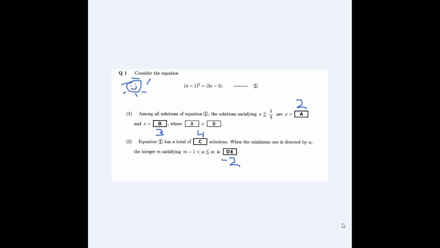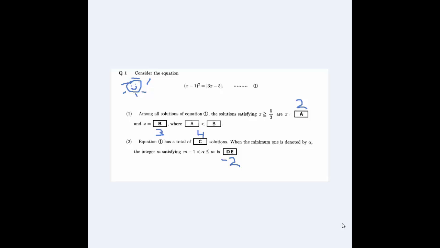Okay, let's look at the math. Question 1. Consider the equation (x minus 1) squared equals 3x minus 5. 1. All the solutions of equation 1, the solutions satisfying x is greater than or equal to 5 over 3, are x equals a and x equals b, where a is less than b.